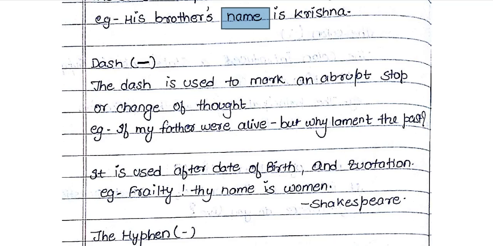In this sentence, someone is just remembering his father when he was alive, the good times, the bad times, something like that. But it suddenly, abruptly stops and says, "But why lament the past?" He has just changed his mood. So this dash is used to denote this abrupt stop or change of thought. Okay.